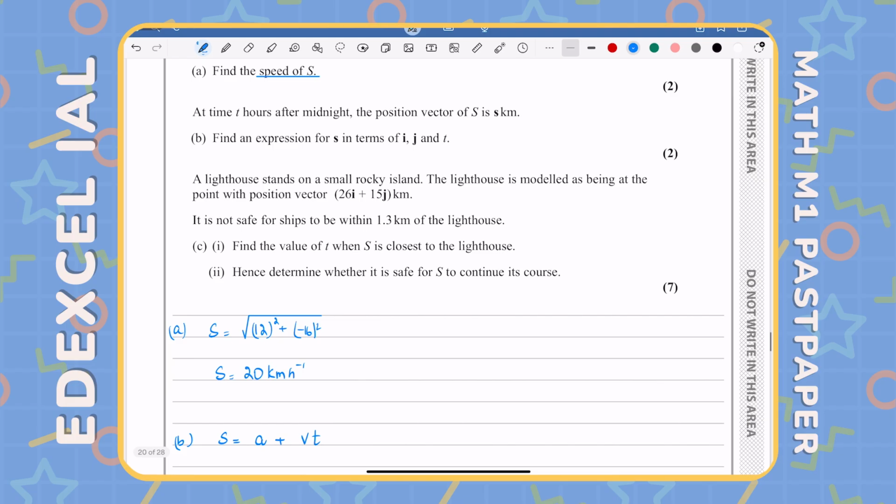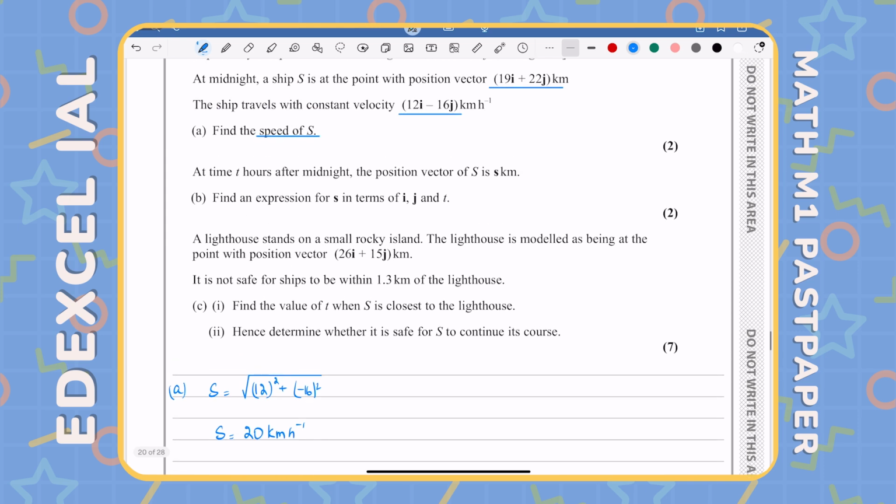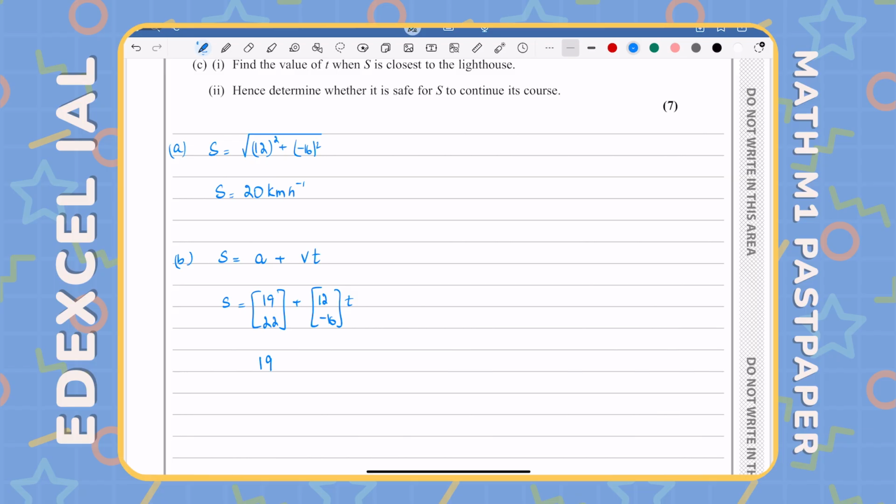So S is equal to 19, 22, the starting point. Okay, so we're going to write it in column vector. You can write it in ij form. The question says ij, so we better do it in ij, plus v, so that's 12 and minus 16, times t. Okay, so we have 19i plus 12i times t plus 22j minus 16j times t.